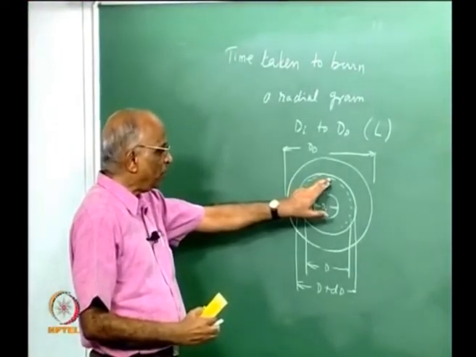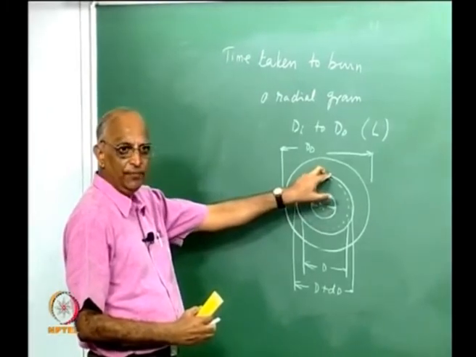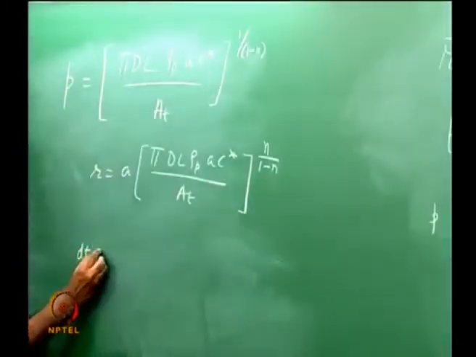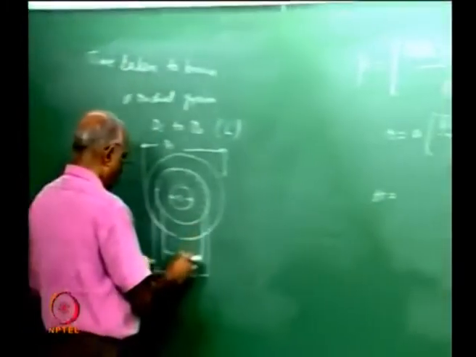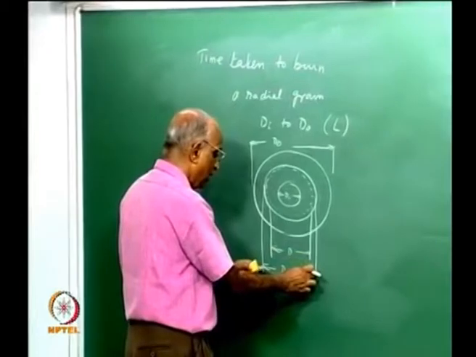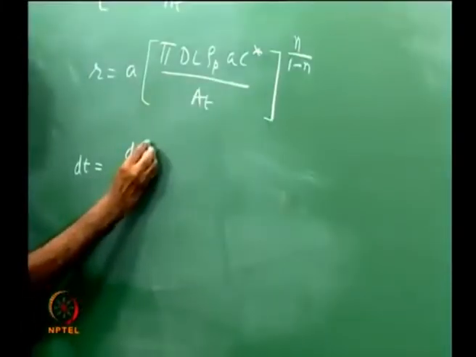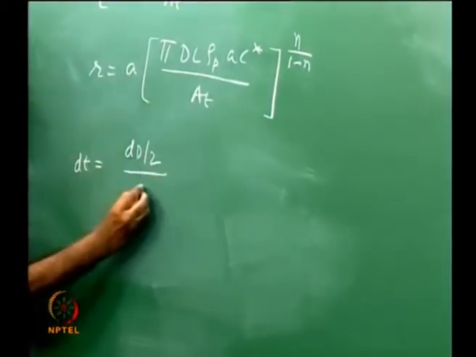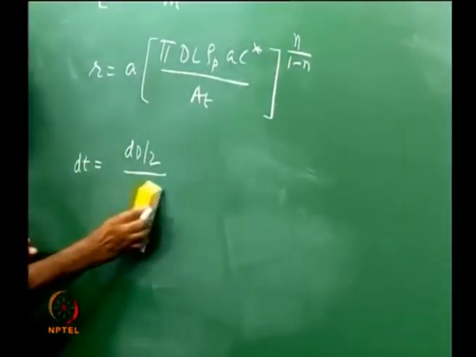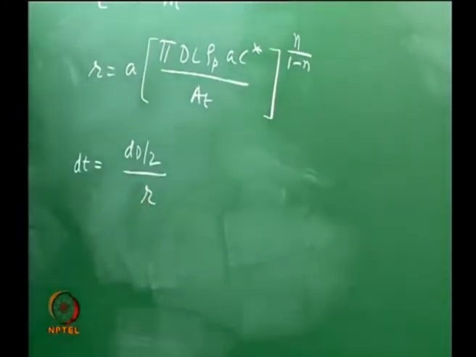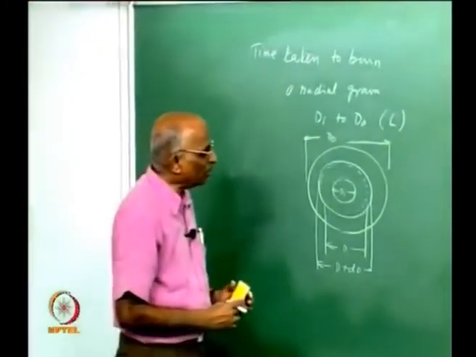What is the time taken to burn a small distance dd? Time taken, let us say dt, is equal to: the diameter has increased from d to d plus dd, therefore the thickness is equal to dd divided by 2, that is the spatial length, divided by r, which gives the time taken. And what does this come out to be?